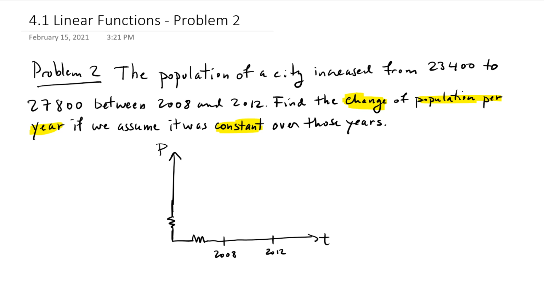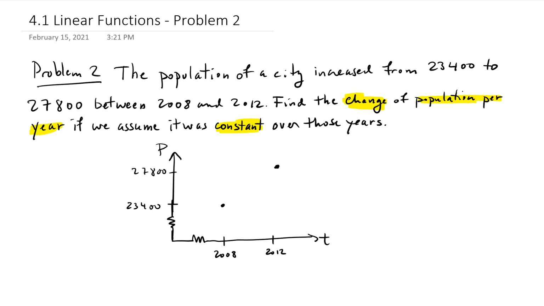So between those years, the population has gone from 23,400 to, let's say this is 27,800. So it's going from there to there, right? And I want to find out how the population changes per year, assuming that this change is constant.